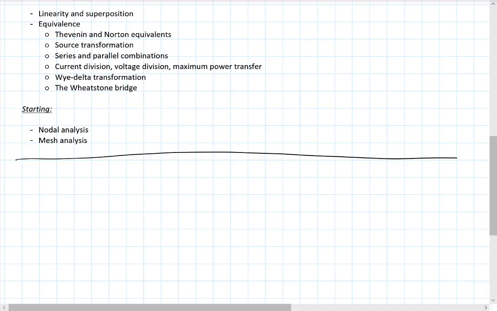the main topics that we want to finish with are the wye-delta transformation and the Wheatstone Bridge. And these are not so much really separate topics, but some specific examples, important examples, but really just some cases of essentially equivalent resistance.